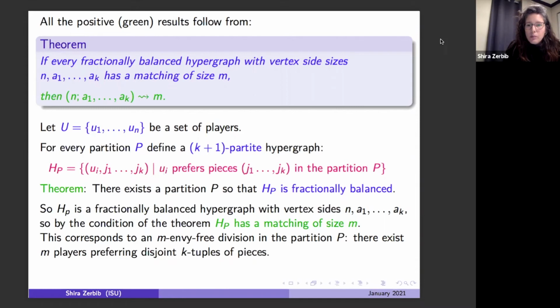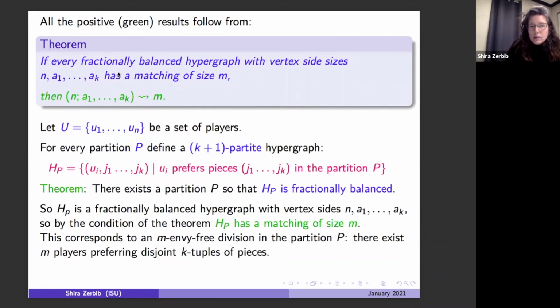And the theorem that we proved using a generalization of the KKM theorem is that there exists a partition P so that the corresponding hypergraph H of P is fractionally balanced. And since we know that, then we know that this H of P is a fractionally balanced hypergraph with vertex sides n, a1 to ak.